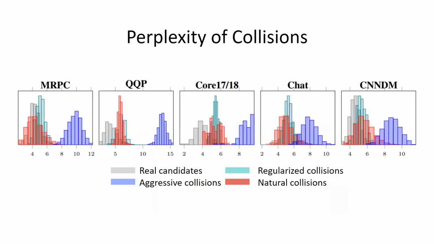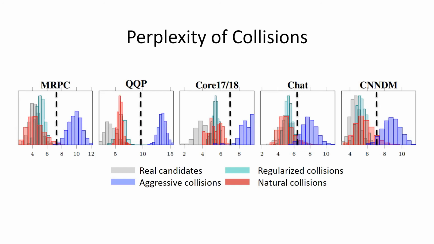The blue, green, and red bars show the perplexities for aggressive, regularized, and natural collisions. From this plot, you can see that there's a gap between the blue bars and the rest, which means it is likely that you can filter these aggressive collisions out based on the perplexities.